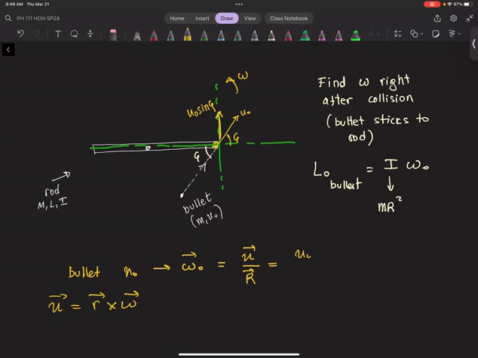is going to be u naught sine divided, what is my radius? Look at it. If my length is L of the rod, what is the radius? L halves, right? You guys see that? So the big message here is that we can define angular momentum for something that is not moving in a circular pattern.